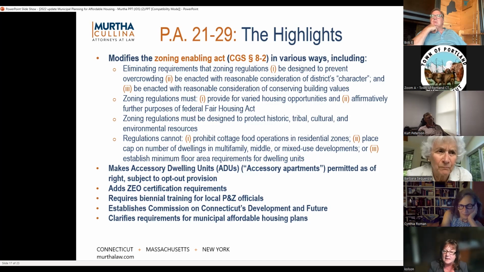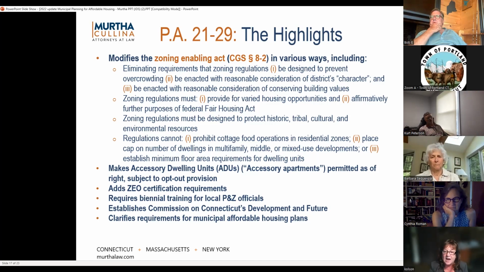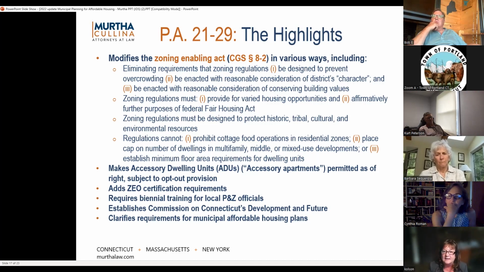And a lot of towns, and I'm not saying this was Portland, but a lot of towns were able to keep out affordable units simply by insisting that every housing unit meet a certain square footage. The bigger the square footage, the more costly the unit, the higher the rents, right? So if you wanted to sort of surreptitiously keep out Section 8 housing, you simply put a mandate that the floor area be more than could be afforded. And that's out. That's gone.